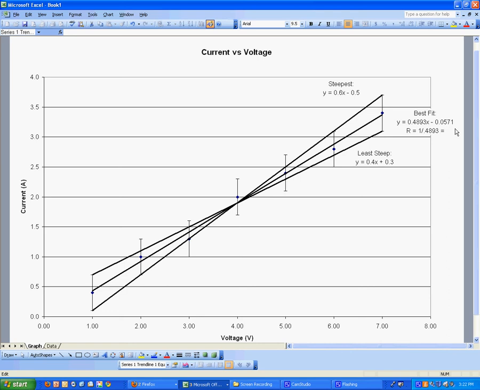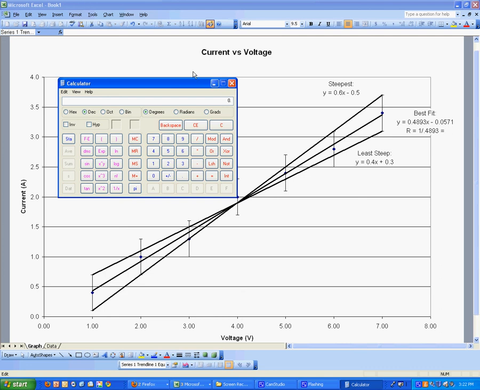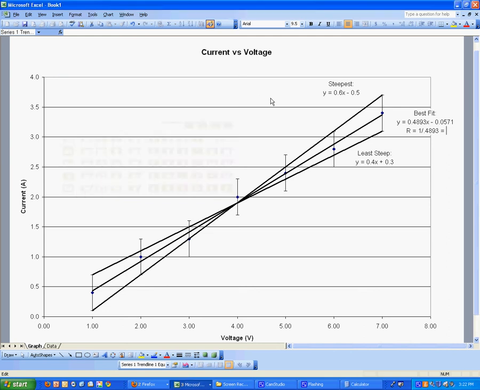All right, and now we need a calculator. Okay, wow, that's a fancy calculator. Okay, 1 divided by 0.4893 is 2.04, right? I doubt we'll have that. I'll just write that down, though. 2.04, right? 2.04 ohms.